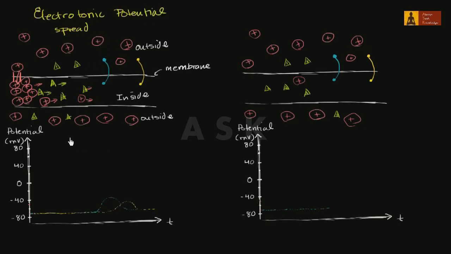So there's a couple of characteristics here. One, it's passive. This part that we drew right here isn't the electrotonic spread. The electrotonic spread is what happens after that. Once you have this high concentration here, the fact that a few moments later you're going to have a higher concentration of positive charge here, and a few moments later a higher positive concentration here. This is a passive phenomenon. So this thing right over here is passive, and it also dissipates.